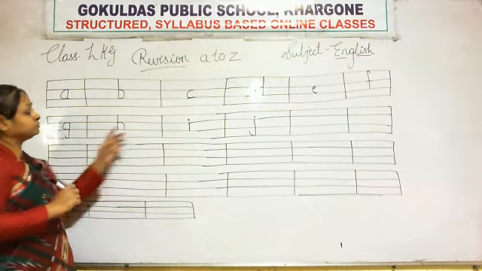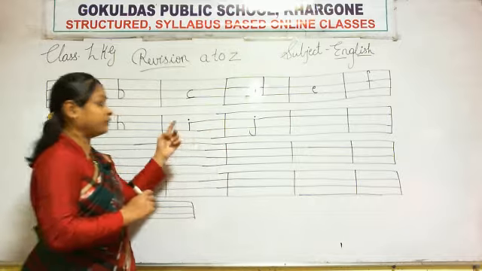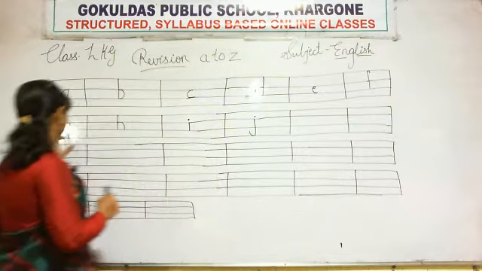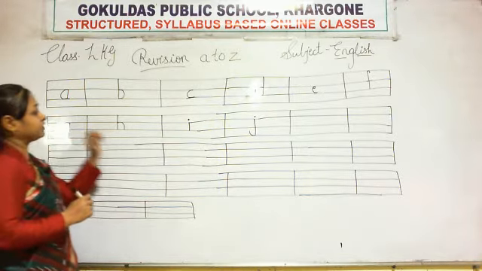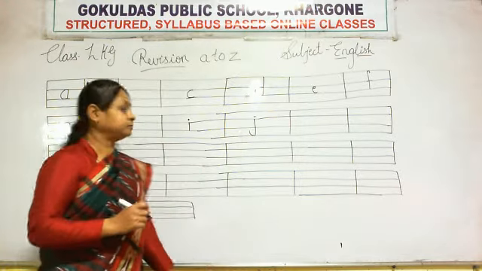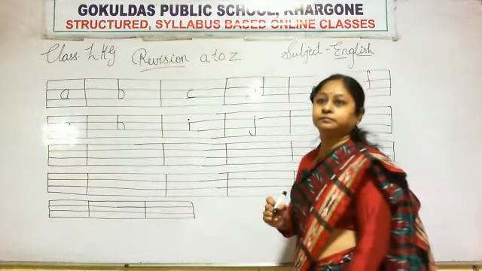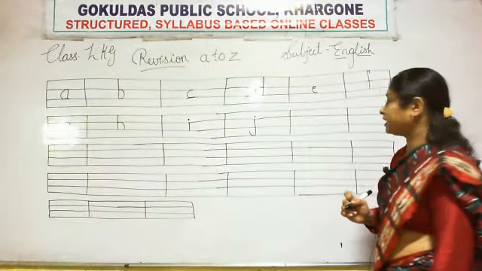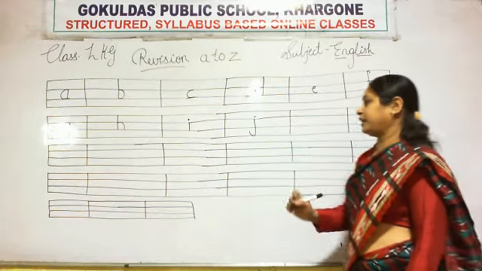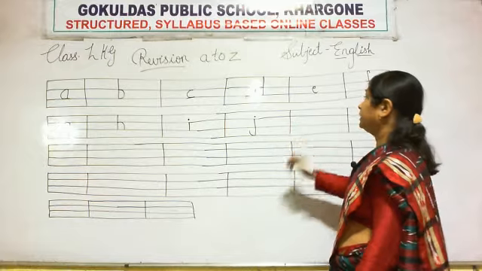So this is small letter j. G, H, I, J. Done? Which letter will come? K.